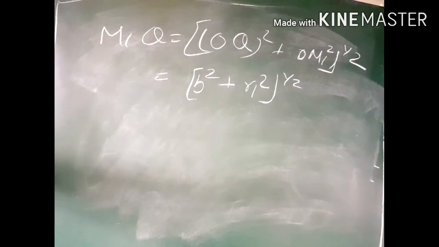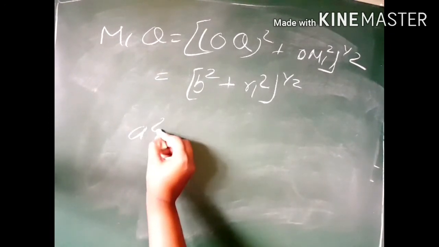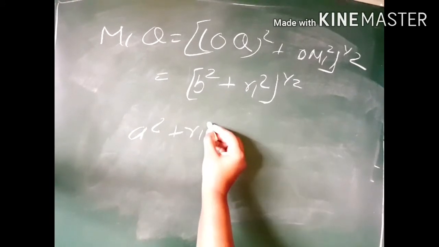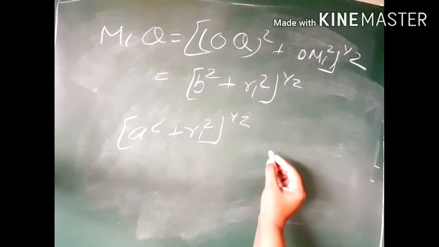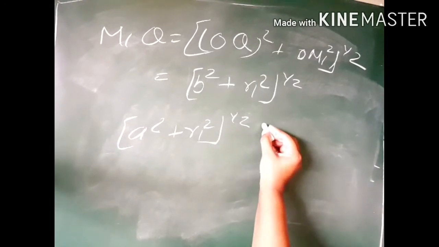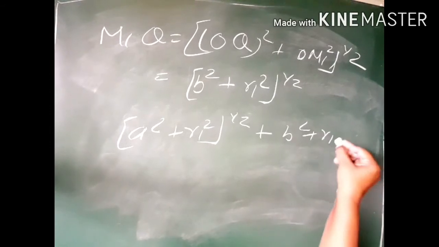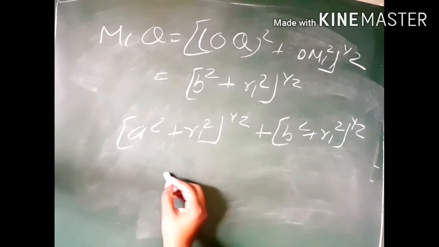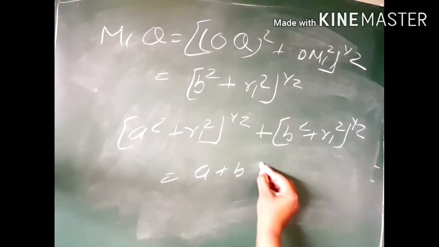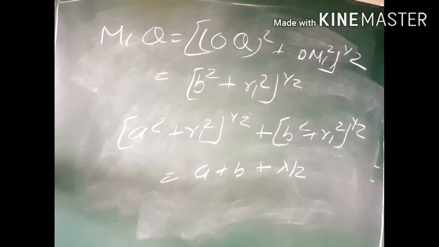Now putting these two values, we get (a square plus R1 square) raised to power 1 by 2, this is the value of SM1. Now M1Q is (b square plus R1 square) raised to power 1 by 2, equal to a plus b plus lambda by 2.